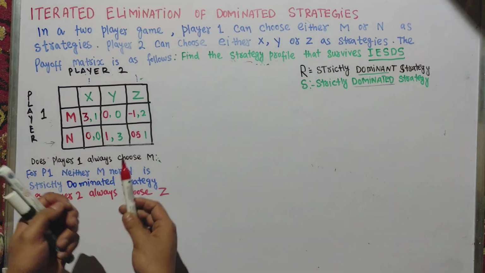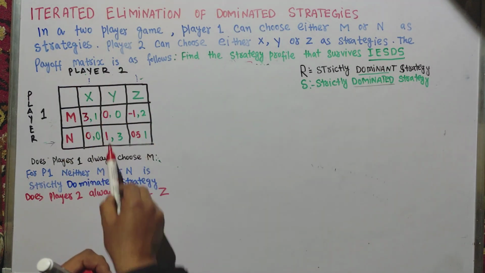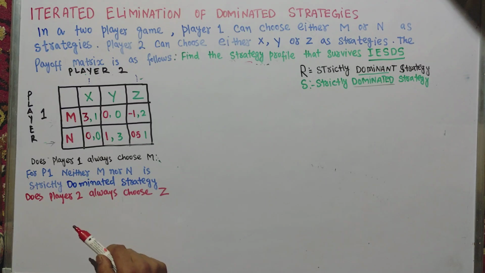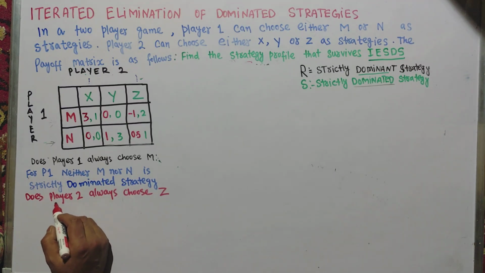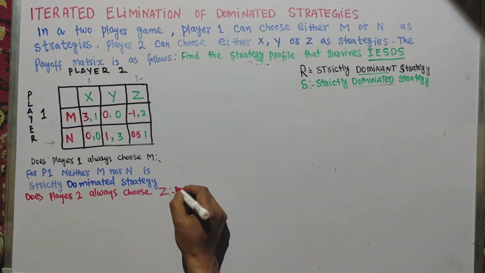I am comparing strategy Z with strategy X. Let us leave strategy Y aside for the moment. Does player 2 always choose Z?